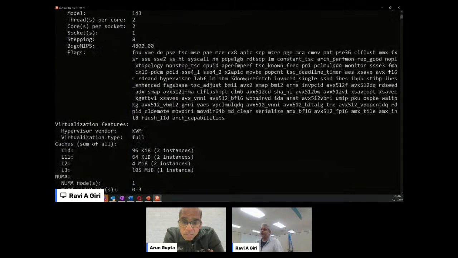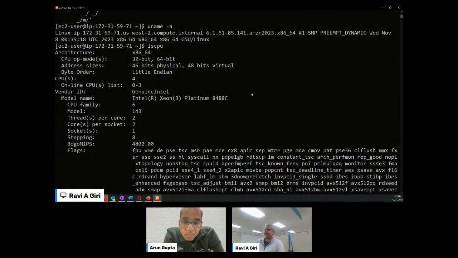The reason I'm showing you just the lscpu output is both of these, the Flex and the regular M7i, are going to look exactly the same. If you were to provision these two and just not look at the console to see what the instance types are and just log into them, you would not see any difference.